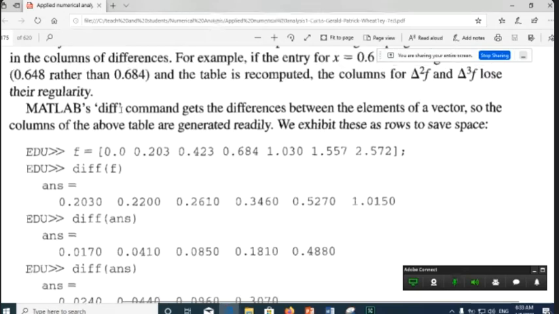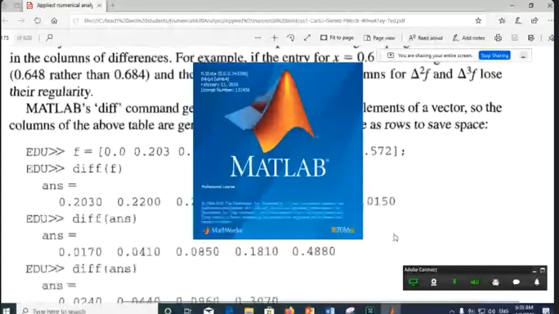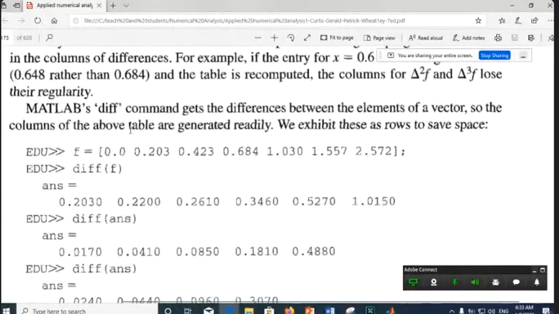MATLAB's diff command gets the differences between the elements of a vector. So the columns of the above table are generated readily. We exhibit these as rows to save space.